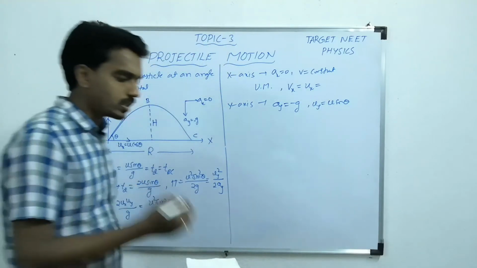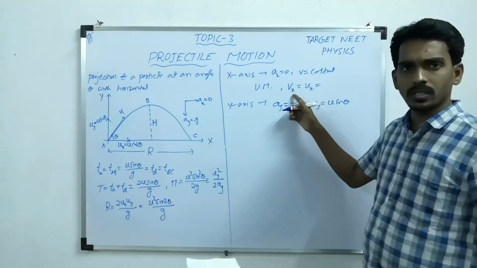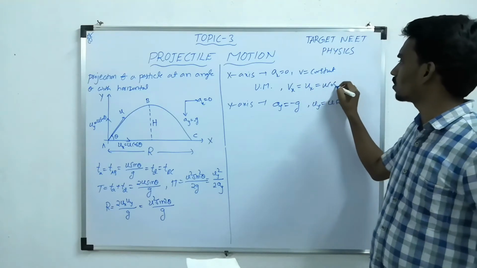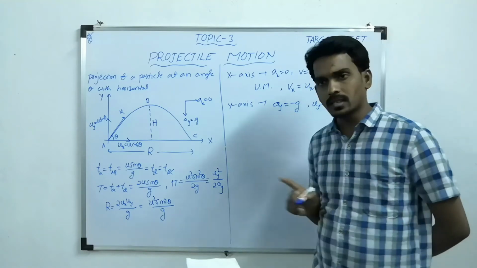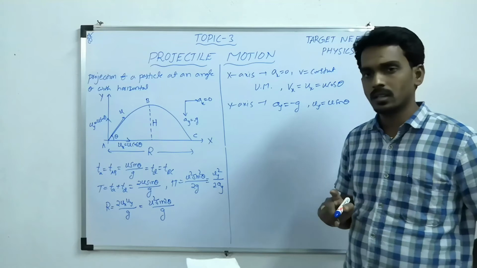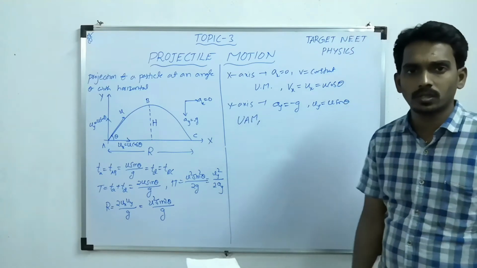Now the question is, what is the velocity after some time? Here the velocity always remains constant, that is u cos theta, because acceleration is 0. But here there is some acceleration and that is constant. So what kind of motion will it become? Uniformly accelerated motion.